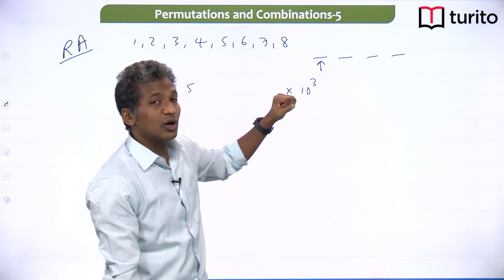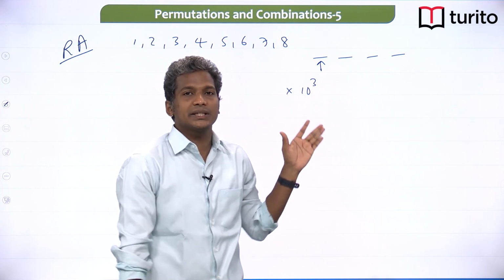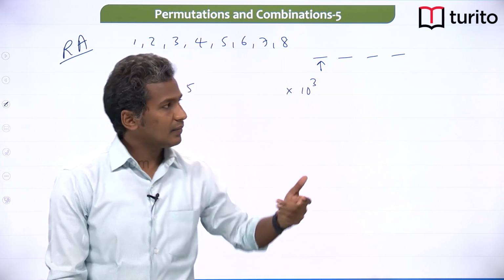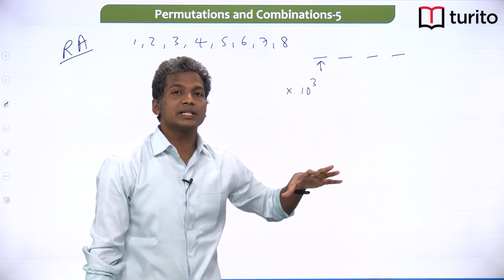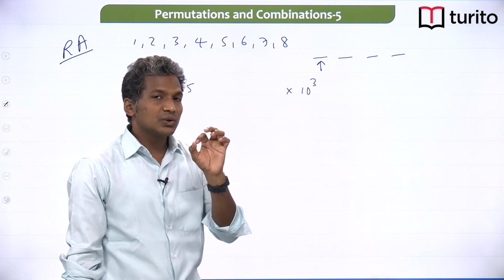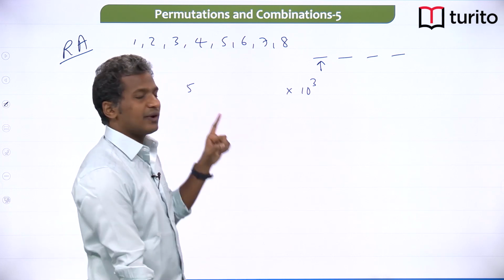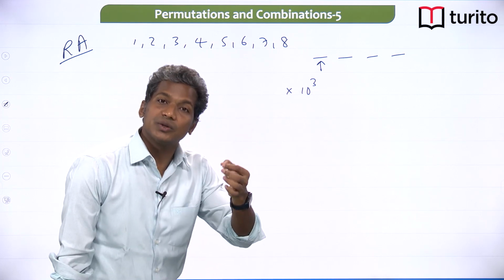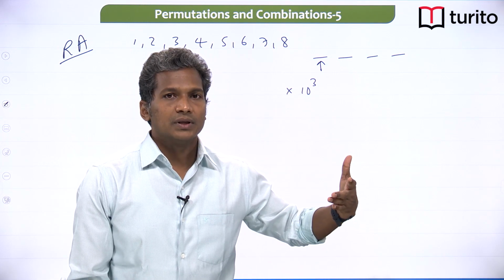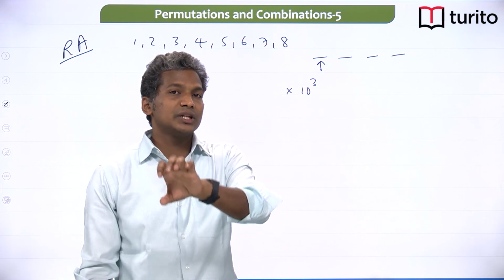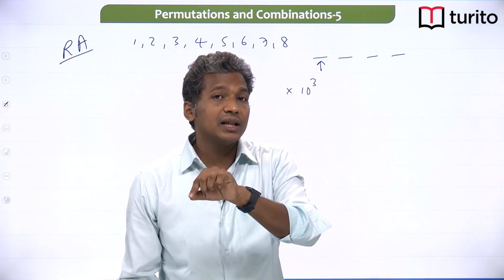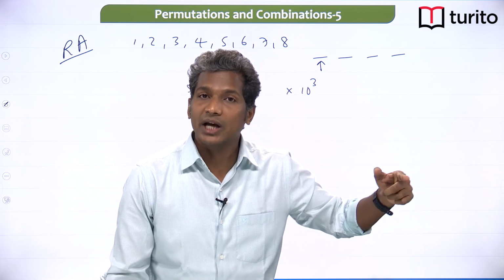Now, how many are the options for the other 3 places? Because here we are allowing repetition, the other 3 locations have 8 into 8 into 8 ways, right. So the digit 5 comes in the 1000 place 8 cube times. When 5 comes in the 1000 place, its value is 5000, but 5 is coming in that position 8 cube times.